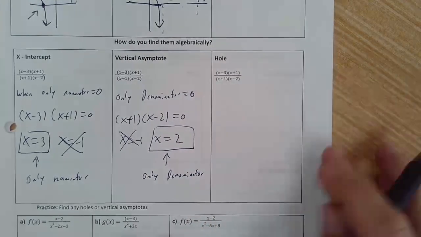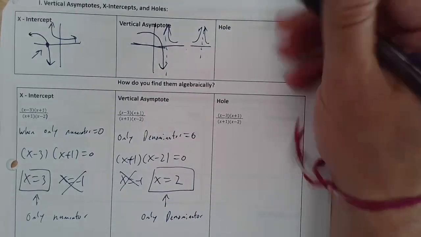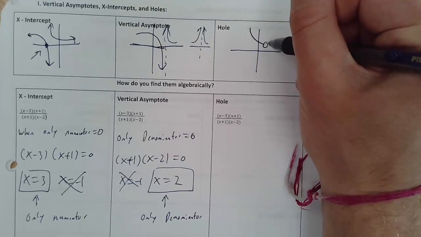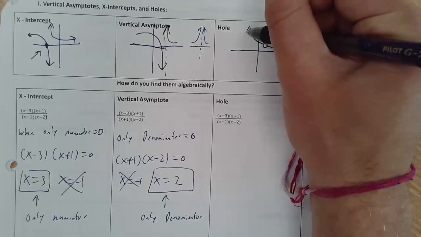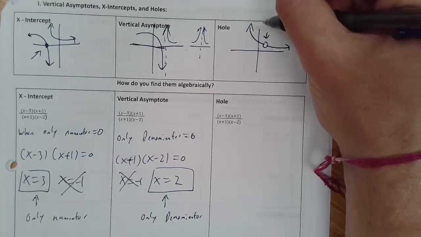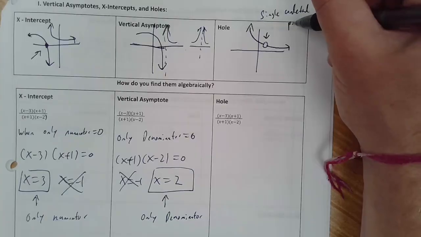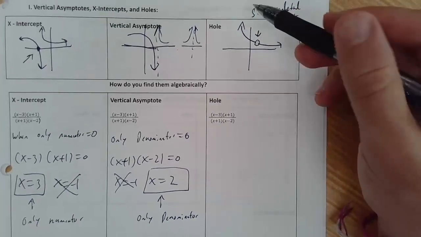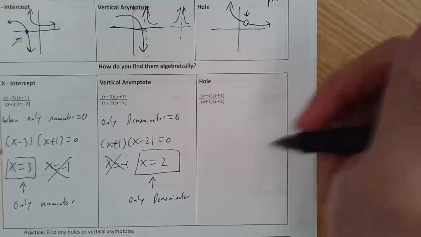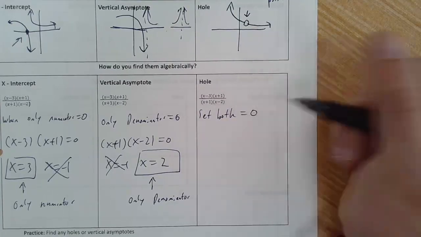Okay? Then we have holes. Holes on that last activity are sometimes hard to see, but the function doesn't change its pattern. It just keeps doing what it's doing, but there's a single undefined point. Okay? But it looks like it didn't change the function, right? So how do I identify this? We set both equal to 0.